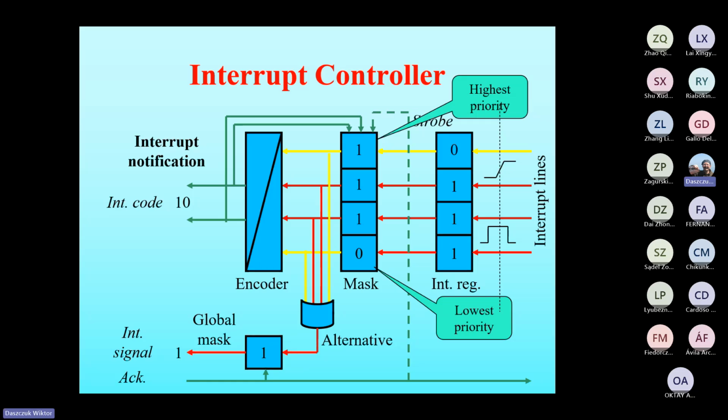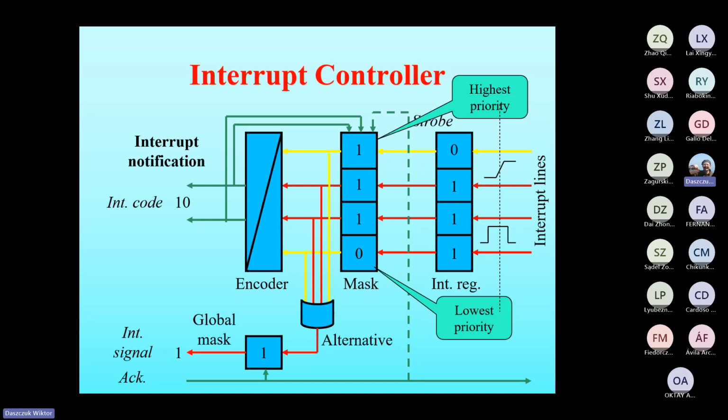When we enter 1, all are enabled. Of course, only those that have 1 in mask are allowed. If we enter 0, all are disabled. Finally, this signal comes to the processor.